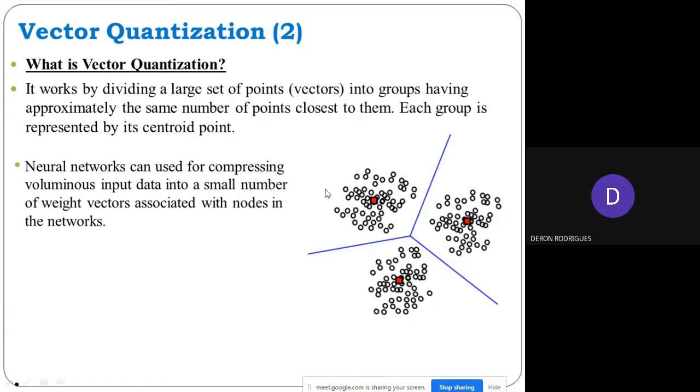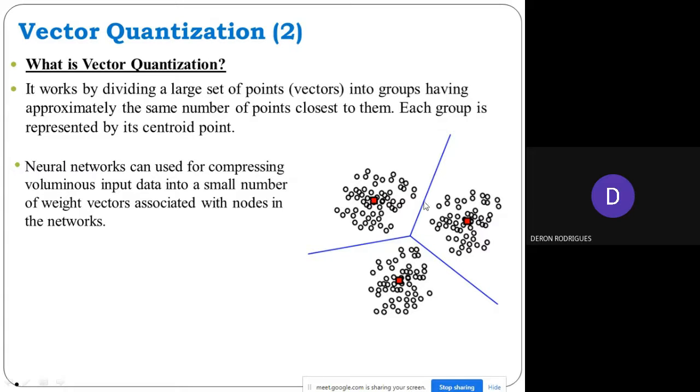weight vectors. Now, if you see these points, there are so many points in one cluster, the second one, and in the third one, three regions which I have shown here, there are so many points. But finally, this region will be represented only by 1 point, and this region will be represented by 1 point. So basically, each of them will be represented by their centroid points.